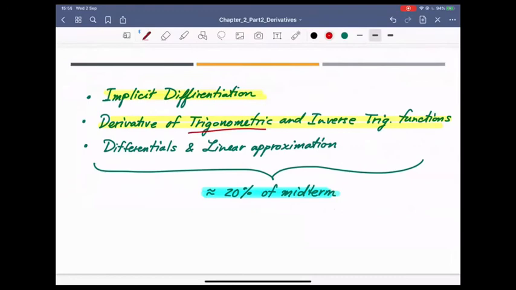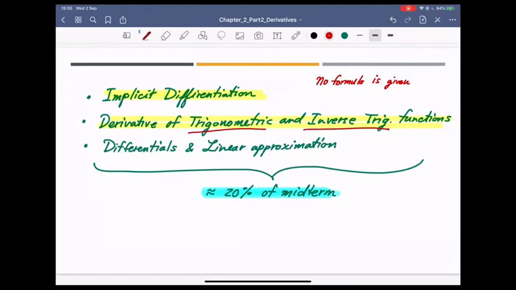No formula is given, so you need to memorize everything. But as I told you, memorizing the formulas is not that hard, because there are patterns in the formulas of trigonometric and inverse trigonometric functions.